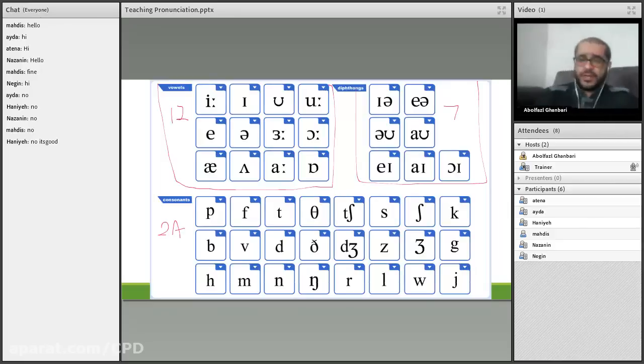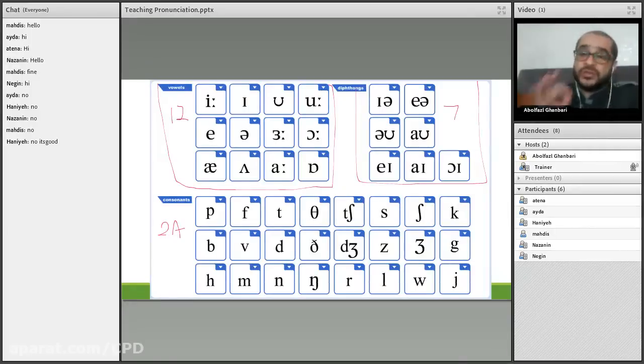How can we teach them, how can we practice with the learners, how can we use these symbols, how can I aid learners to master these sounds?